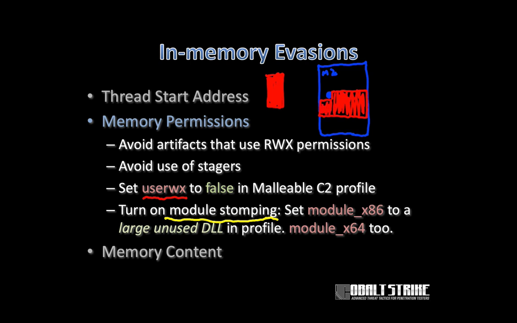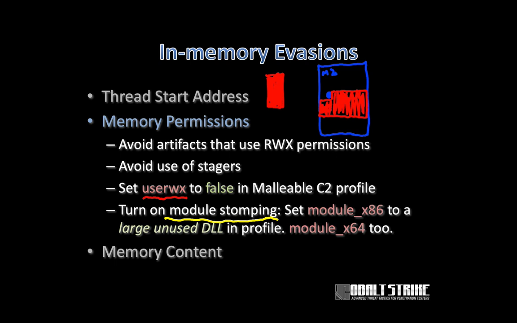And in this way, we end up living in a context where our permissions, our initial permissions anyways, are consistent with that of a memory-mapped DLL. We also have the benefit of living in executable memory that is now associated with a memory mapped file or a module on disk.